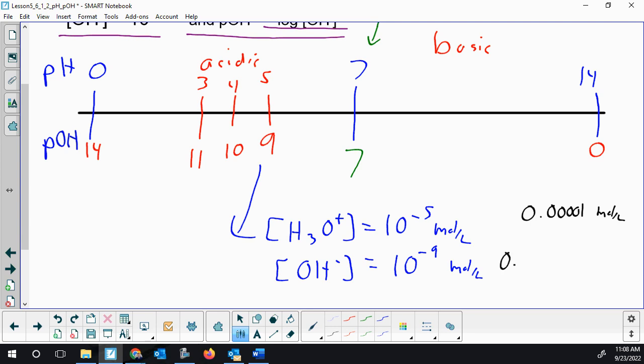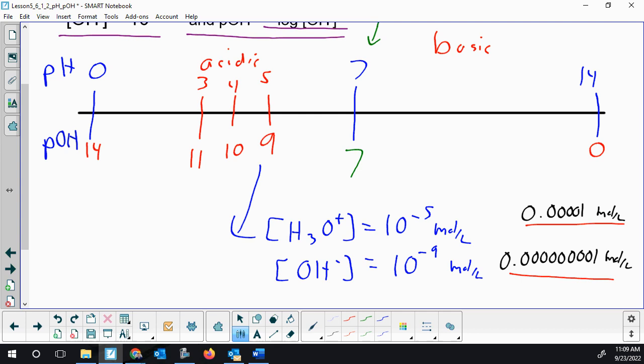The hydroxide, 1, 2, 3, 4, 5, 6, 7, 8 zeros before I get to the 1. The hydronium is much bigger. The 10 to the minus 5 is much more than 1,000 times bigger, 10,000 times bigger. But we always have hydronium, we always have hydroxide, we have both.